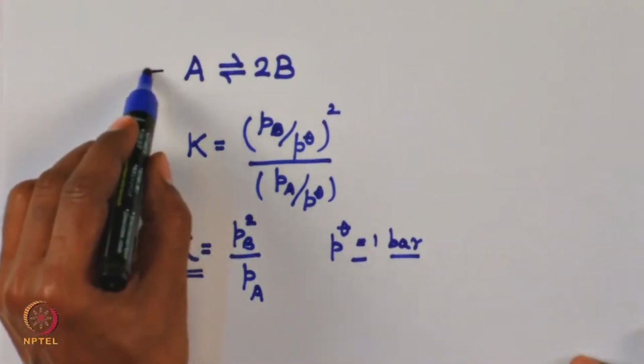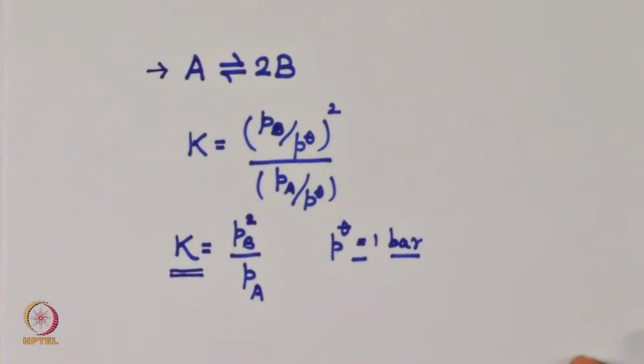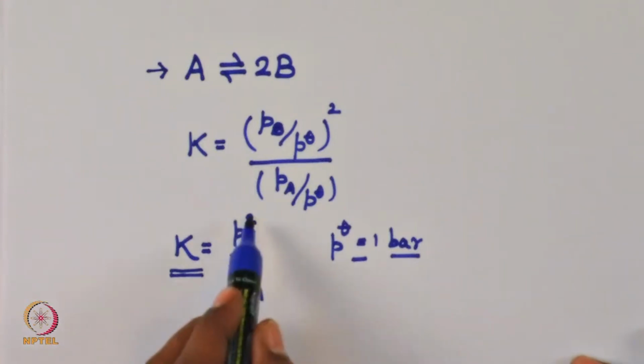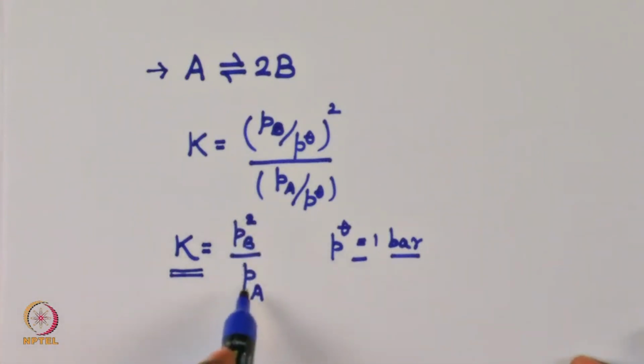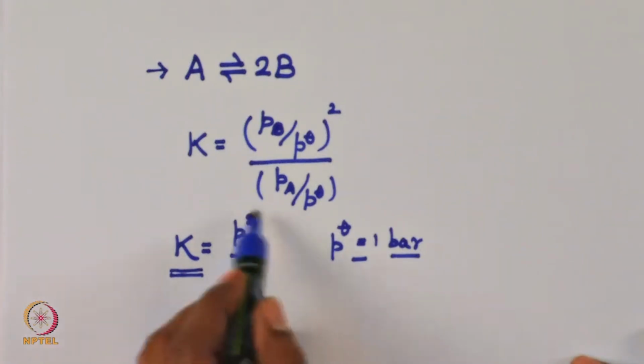That means if we are talking about this kind of reaction, then even if there is a small increase in Pb, there has to be a large increase in Pa, so that the effect of this square is taken care of and the ratio remains constant. The square of that has to be compensated. How will it be compensated? There will be a steep increase in Pa, so that this ratio remains constant.